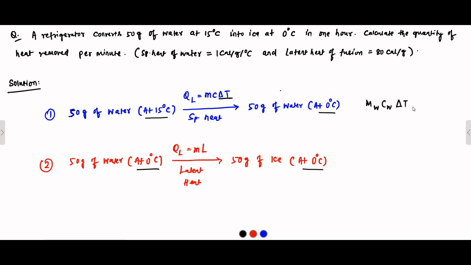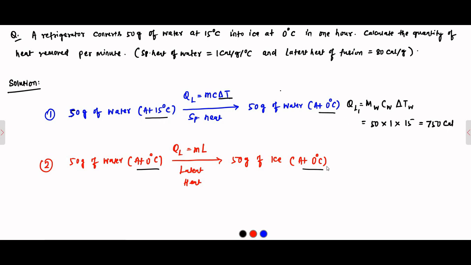This is the heat loss in the first case, which is equal to the mass of water is 50, specific heat of water is 1 calorie per gram per degree Celsius, and the change in temperature of water is 15 degrees Celsius because it changed from 15 to 0, change in temperature of 15. So it is equal to 750 calorie. Heat loss in the first step.